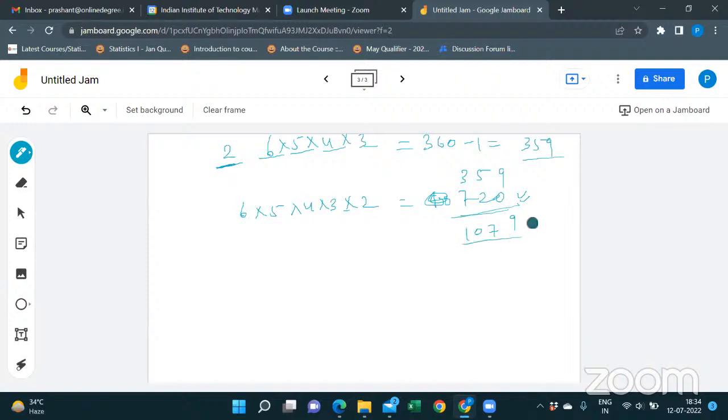Yes, sir. This is the answer I got. I didn't get a clean 1080 because I subtracted the 1 from there. No, why have you subtracted 1? Because you could get 0, 0, 0, 0 in all 4 places. No. How will you get 0, 0 at the 4th place? Because repetition is not allowed.